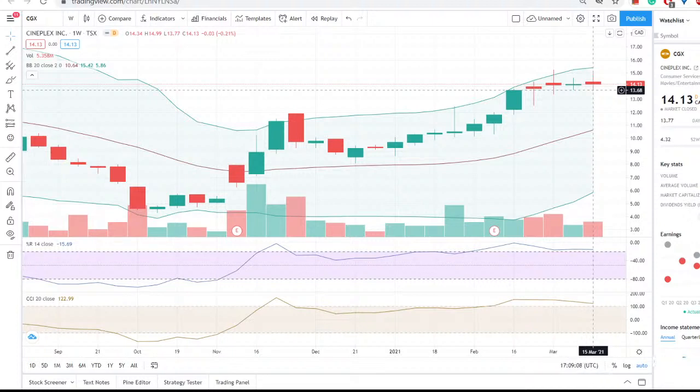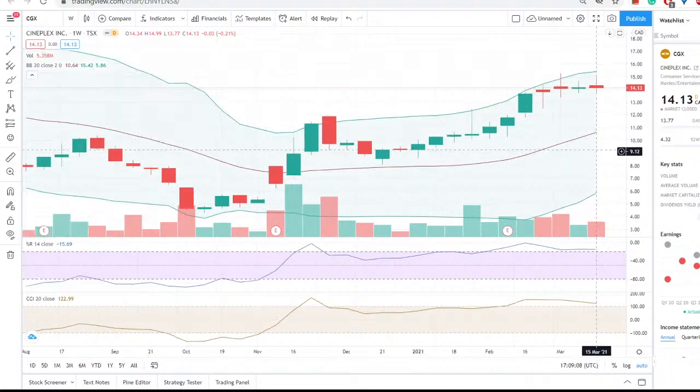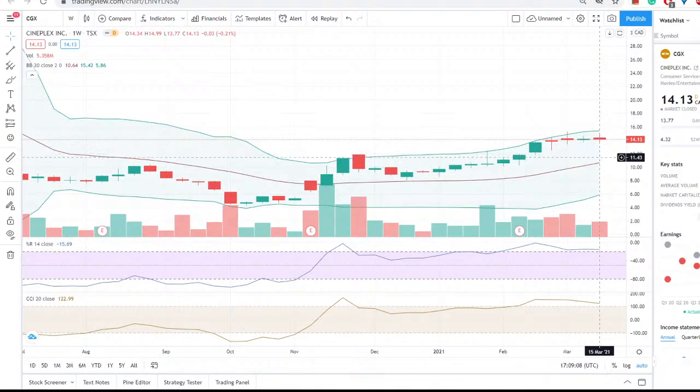So this could be a correction, as we are looking at Nasdaq correcting and we are looking at a global COVID second wave. Either of these two triggers could bring it down to about 10 or 8.5 or even 5.